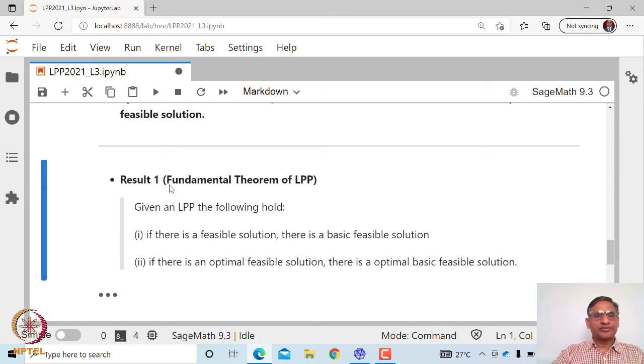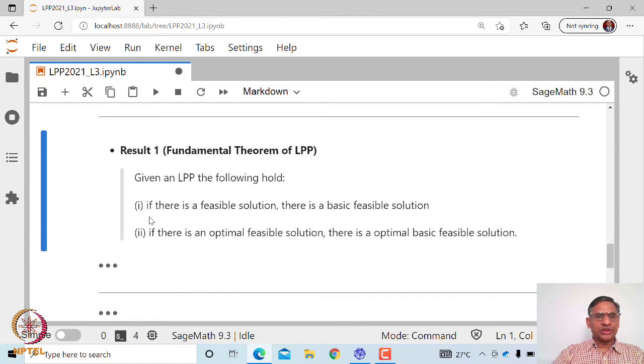The first result is called the fundamental theorem of LPP, and it states as follows: given any linear programming problem, the following are true. The first one: if there is a feasible solution, then there is a basic feasible solution. Finding a feasible solution is the same as saying omega is non-empty.